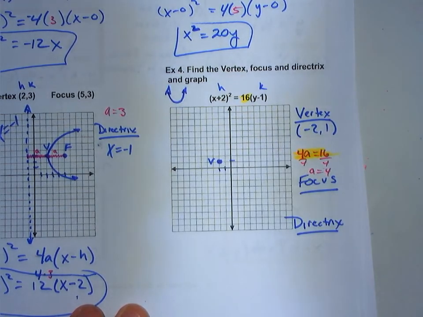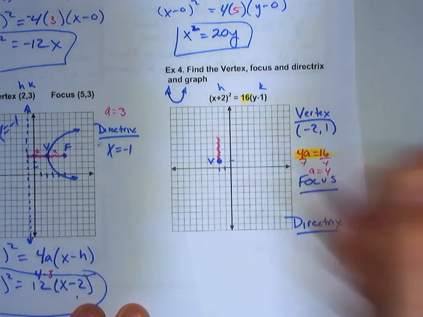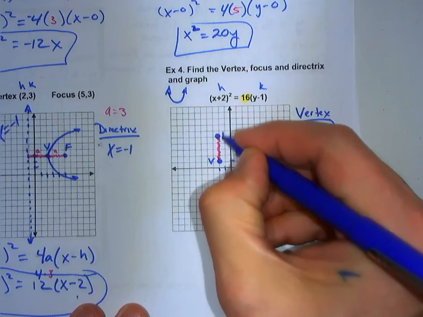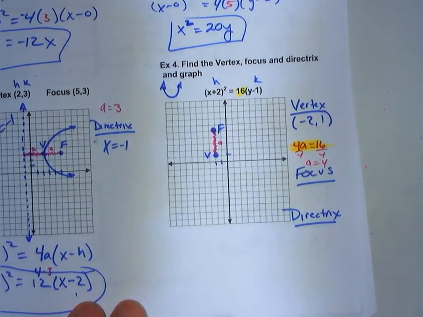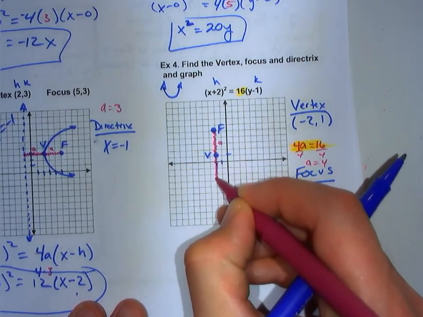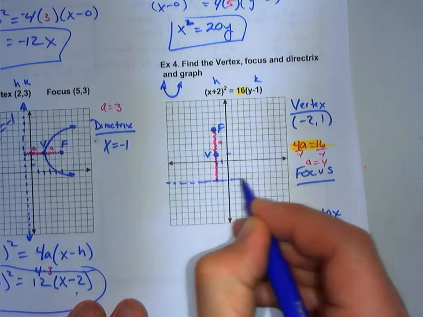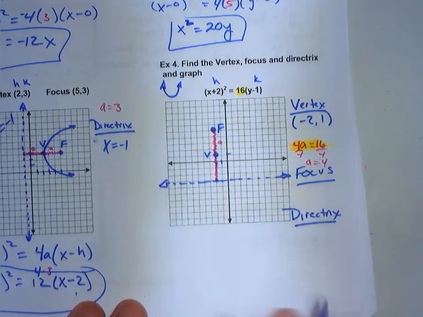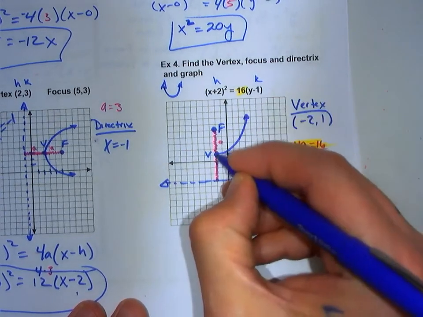All right, so I'm going to count up 1, 2, 3, 4, and there's my focus. So that's my a value there. Then I'm going to count back 1, 2, 3, 4, and that is my directrix. My bowl, again, goes around my Fruit Loops, around my focus.